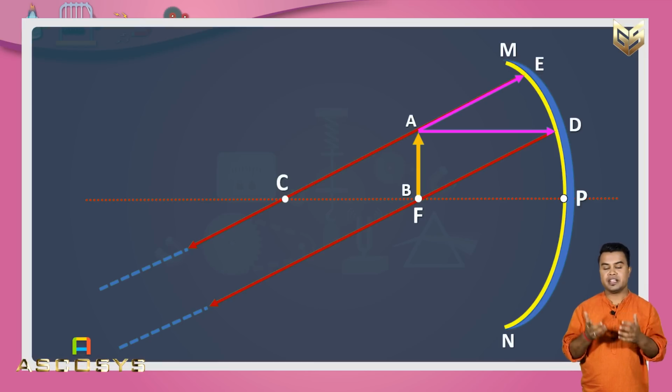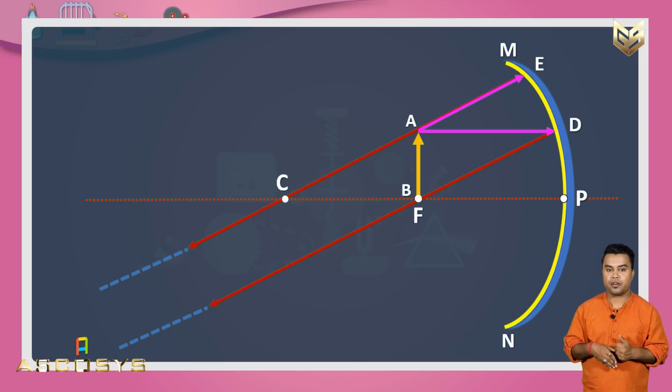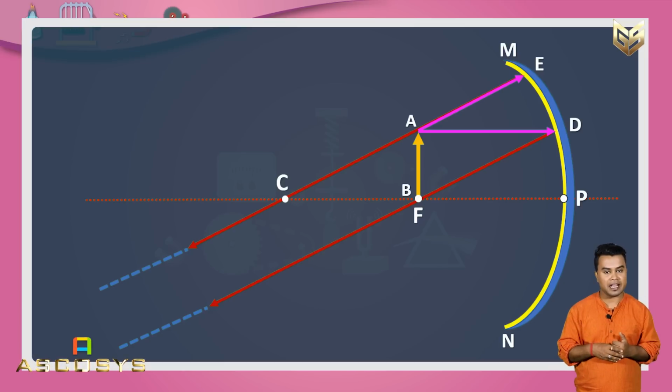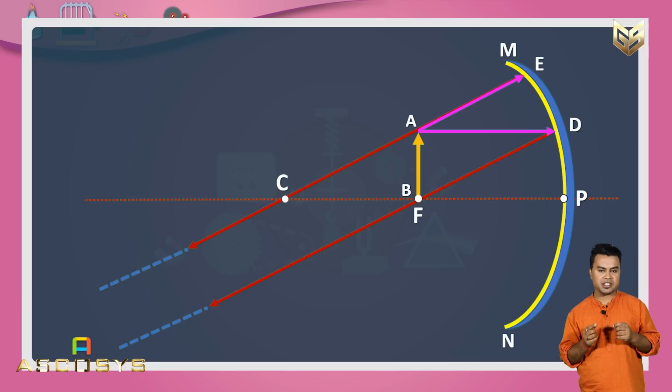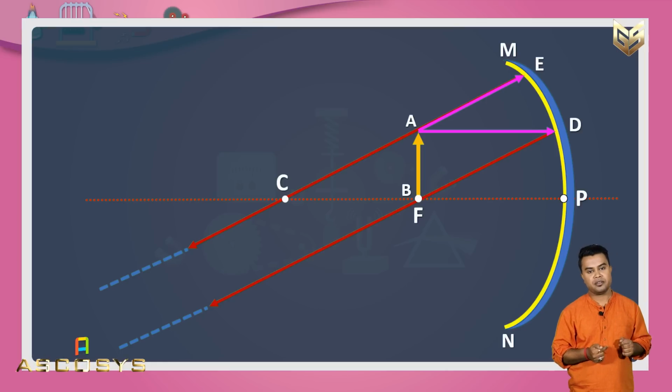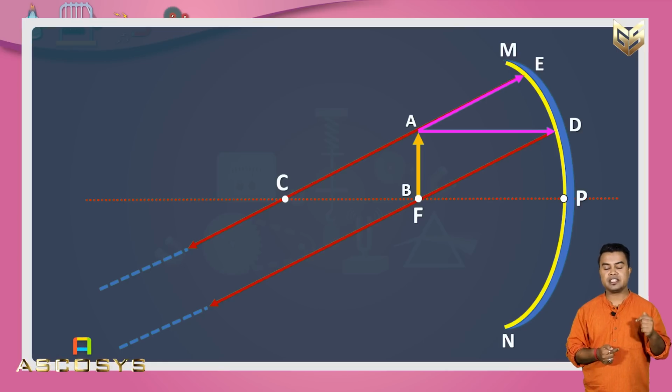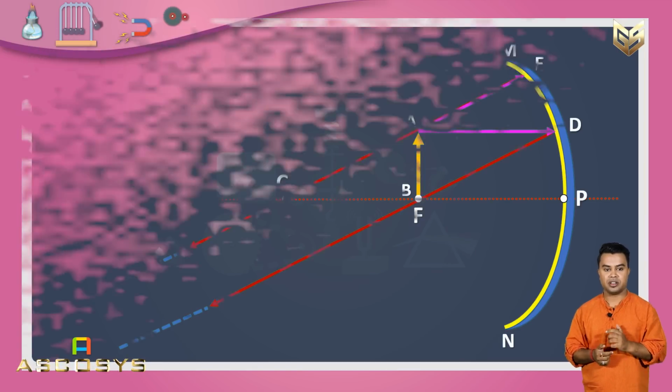The nature of the image will be real and inverted, as the image will be formed just below the principal axis, and last but not the least, the size of the image will be highly magnified. Imagine where they will intersect, very far, right. So, if you take the distance from the principal axis, the image is going to be very, very large.